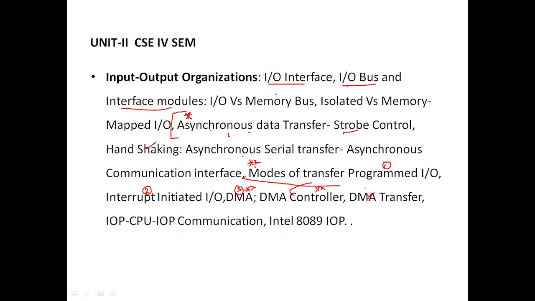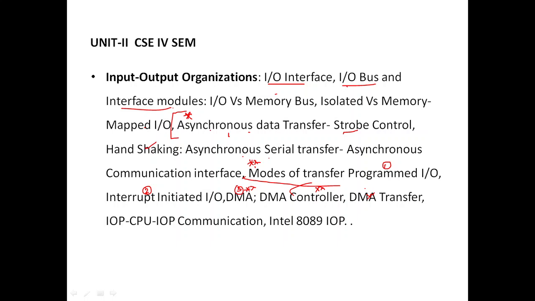DMA is direct memory access. As the name itself indicates, when we use DMA we are directly accessing the memory. Why? Because when we involve the CPU, it takes much time, or it wastes some amount of time.